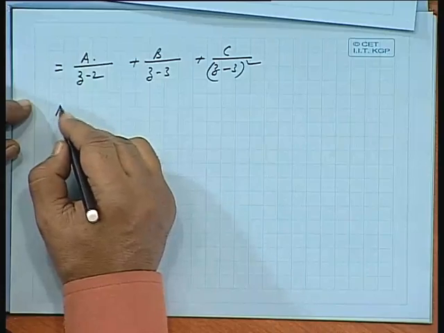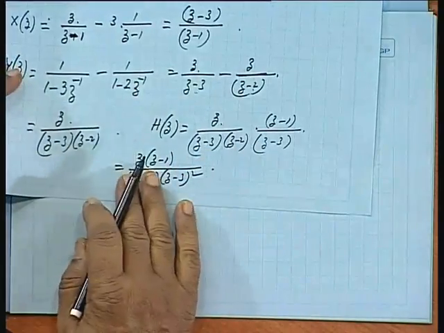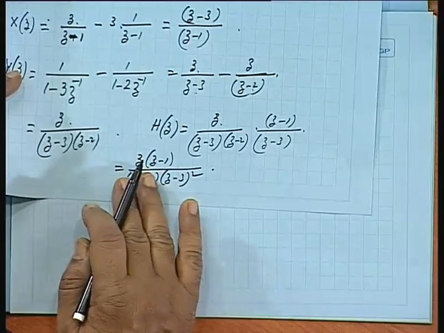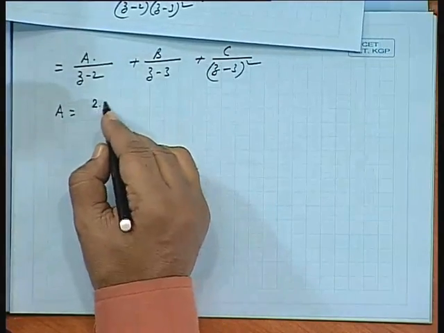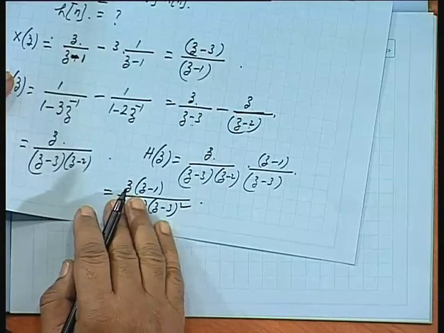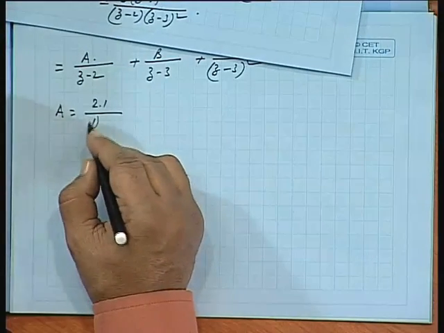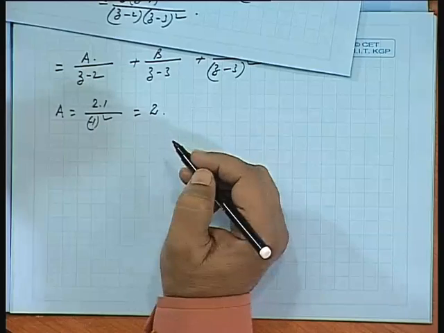So, A will be multiplied by z minus 2 and then put z is equal to 2. So, it will be 2 into 1 divided by 2 minus 3 whole square, that is 1. So, that gives me 2.